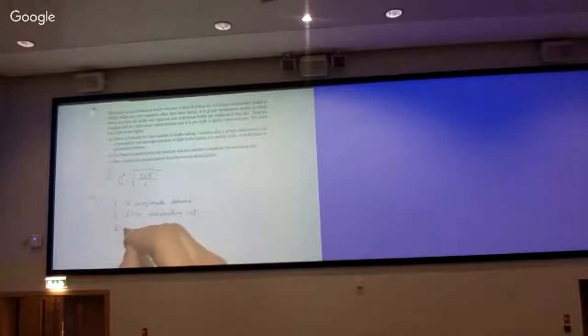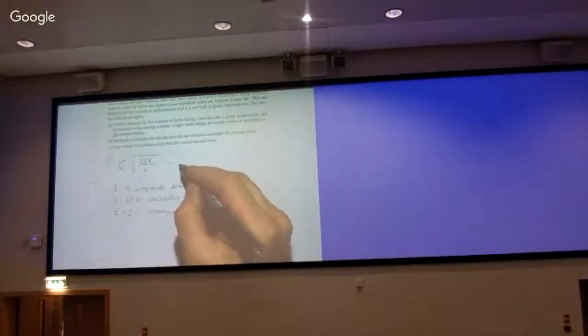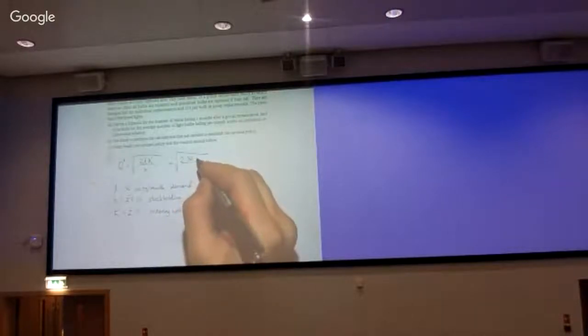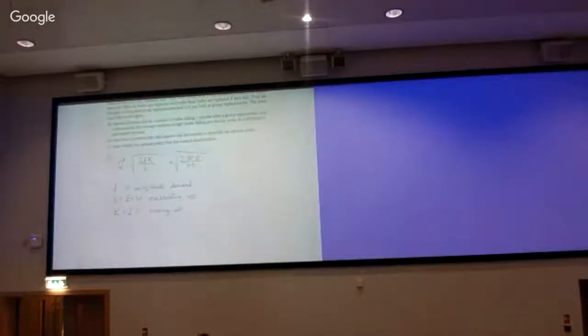So k is £15, the ordering cost. So when we plug it in, 2 times 30 times 15 divided by 0.3, root of that.